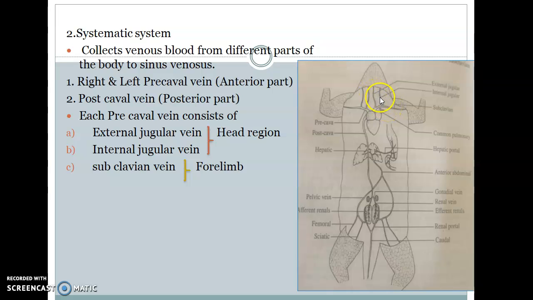The external as well as the internal jugular vein supply venous blood from the head region, and the subclavian vein receives deoxygenated blood from the forelimbs. In both the right and the left sides you can see the external jugular, internal jugular, and subclavian veins. This constitutes the precaval vein.